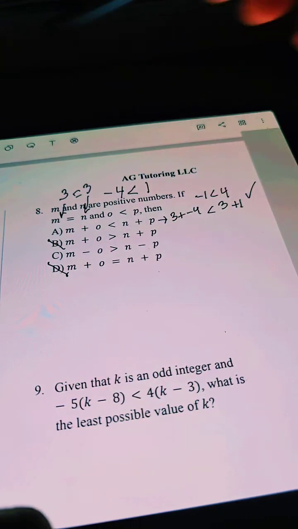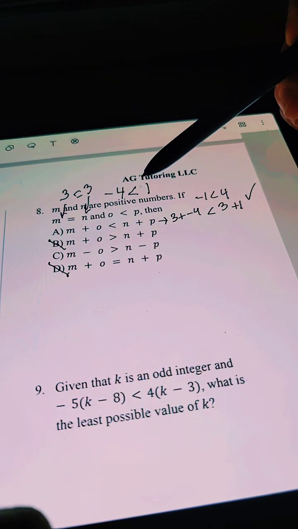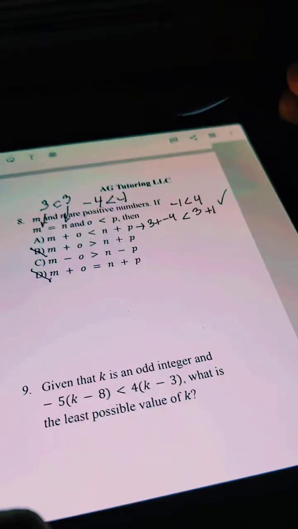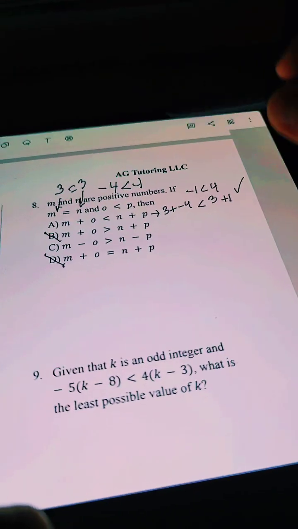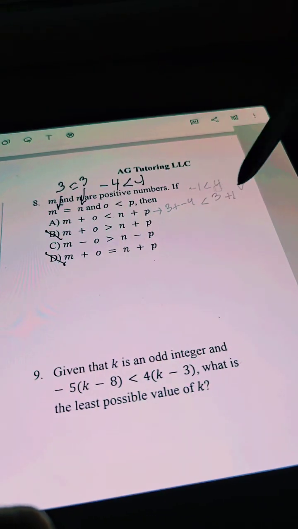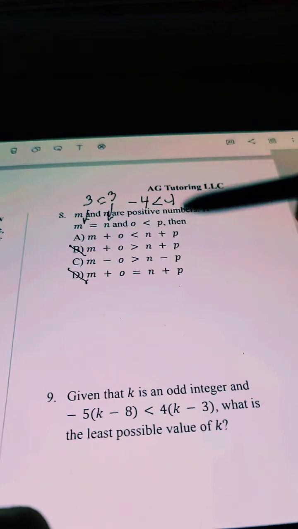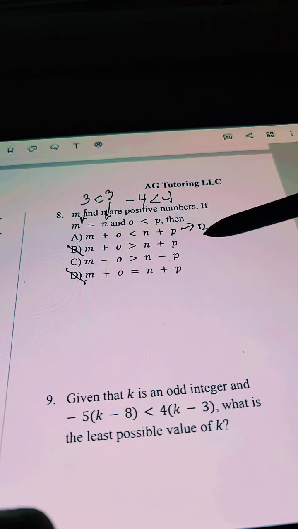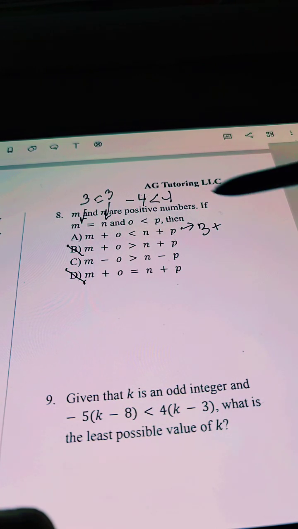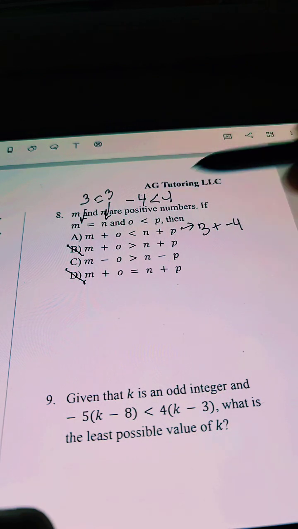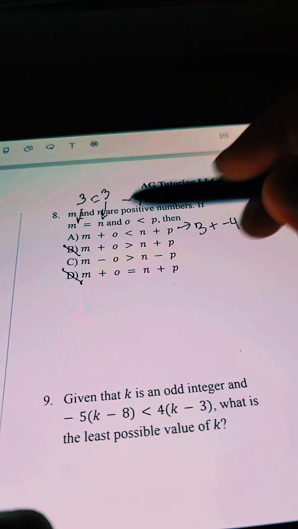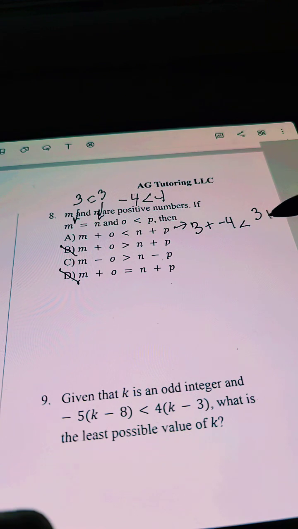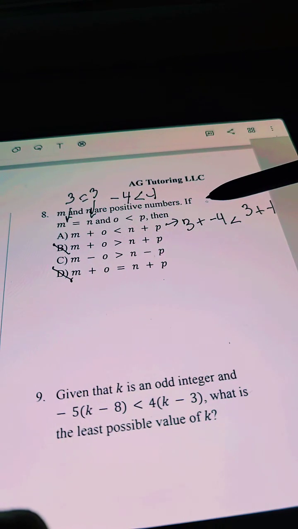Oh, let's try it with 2 negatives now. Let's say that this is going to be -1. You see how I'm trying different characteristics of different numbers. I just really want to include an example with this so that people see what I'm talking about when I say plug in. So 3 plus -4 for O is less than 3 plus -1.